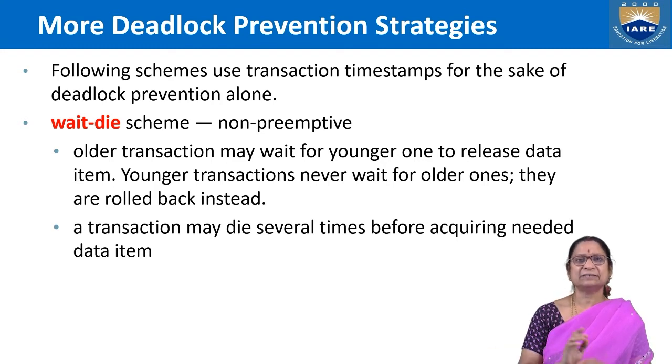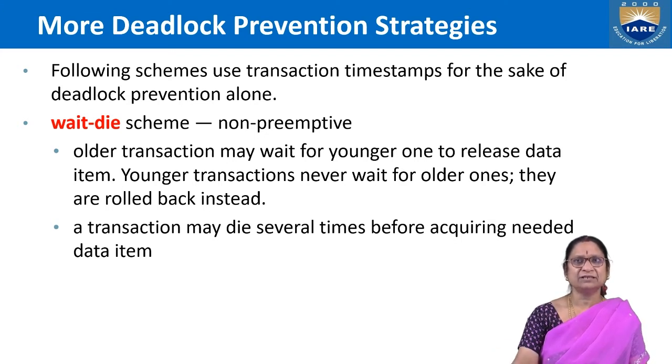That means the older transaction is waiting. Older means the transaction which entered earlier. So the transaction may be waiting for data items held by the younger transactions to release them. But younger transactions never wait for the older ones, they are rolled back instead.